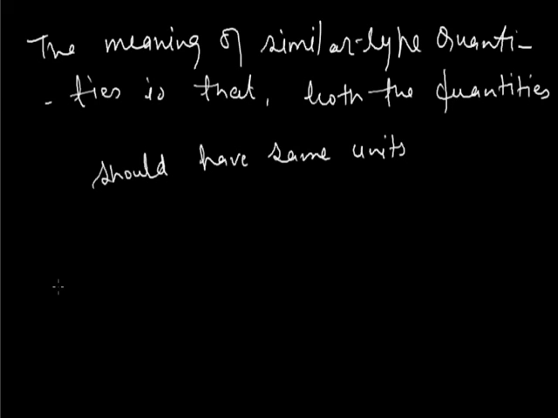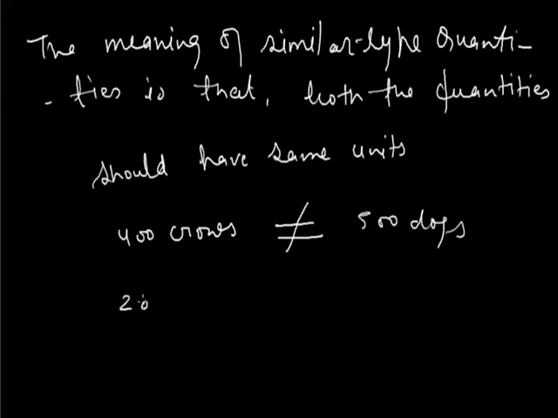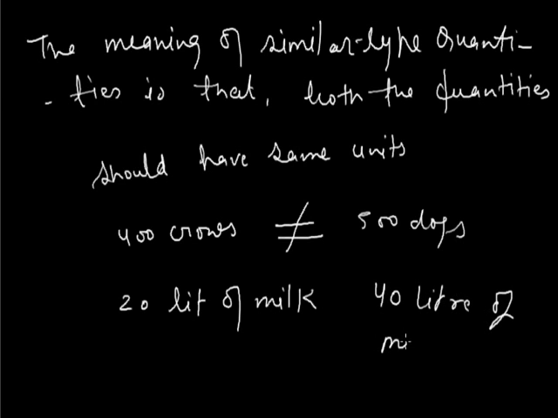It means you cannot compare 400 crows with 500 dogs. There is no comparison between crows and dogs, but you can compare 20 liters of milk with 40 liters of milk using the concept of ratio.